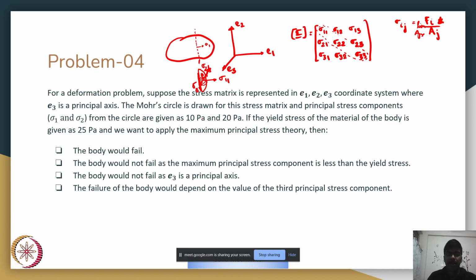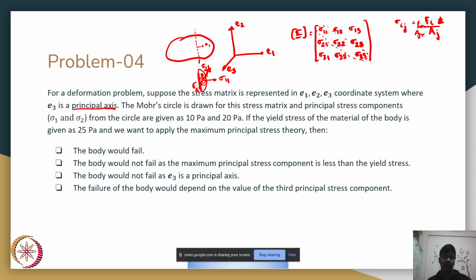Now we are told that E3 is the principal axis. So that is the first condition that we require to actually use Mohr's circle. You need at least one of the coordinate axes, E1, E2, E3, to be a principal axis.